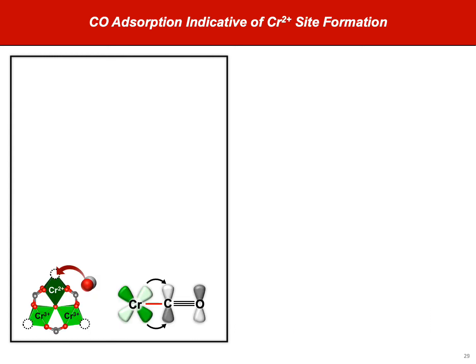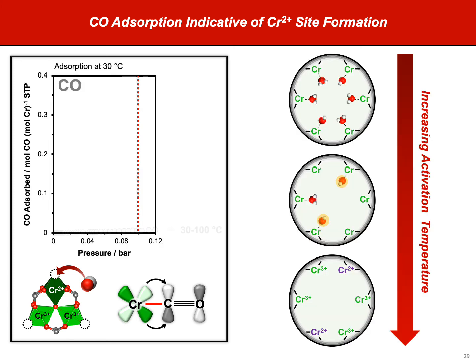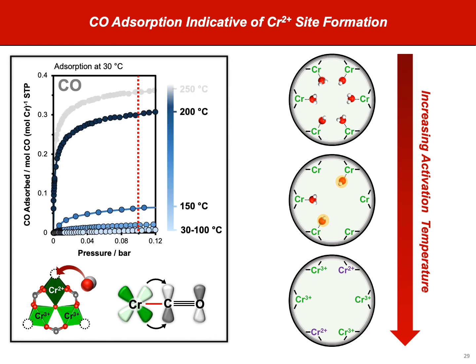We use CO as a molecule that binds selectively to Cr2+ sites as a result of pi backbonding interactions that occur with the Cr2+ sites over Cr3+ sites. If I bring in carbon monoxide and measure the adsorption isotherms as a function of activation temperature, I see a systematic increase with increasing activation temperature.